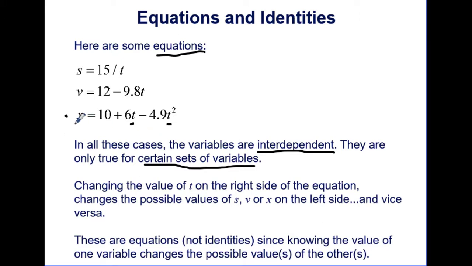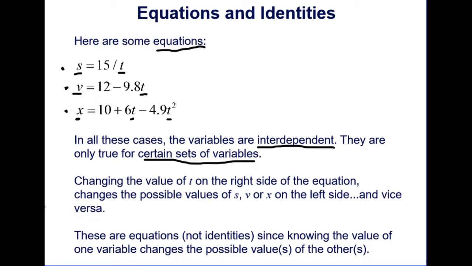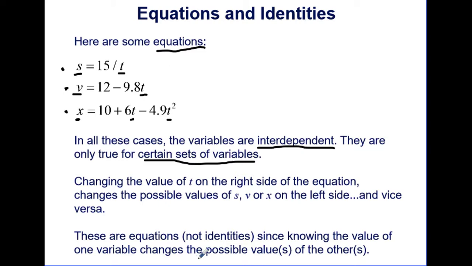So here it would change the value of x. Here it would change the value of v. Here it would change the value of s. And vice versa, if you change the value of s, v, or x, it would change the value of t. These are equations, not identities, since knowing the value of one variable changes the possible values of the others.